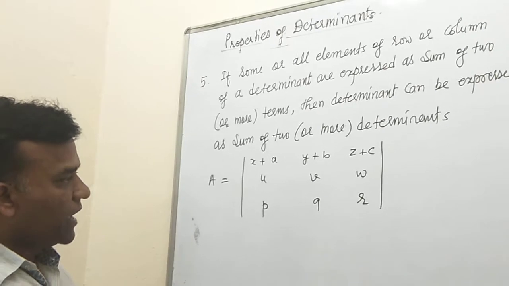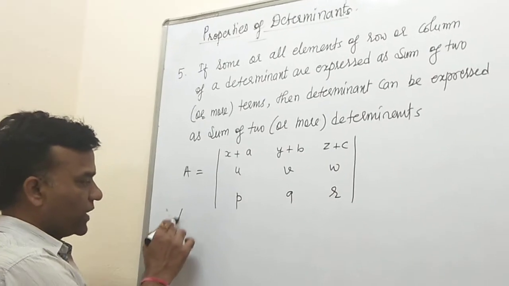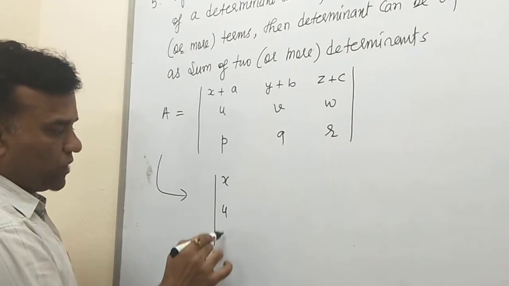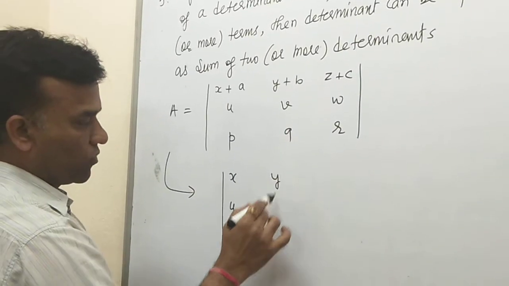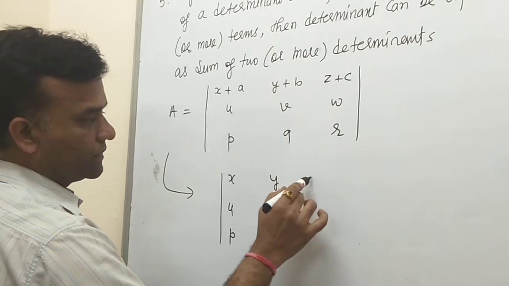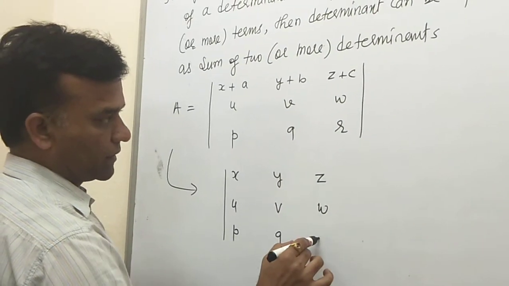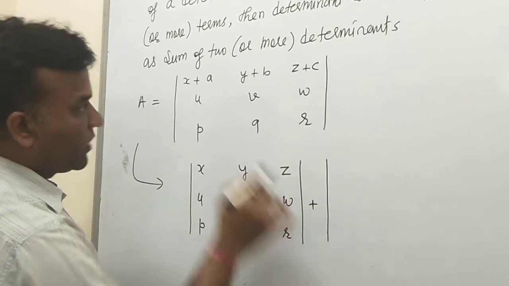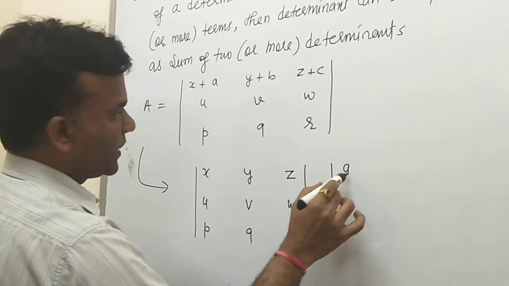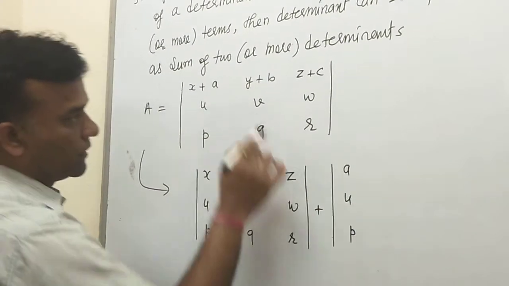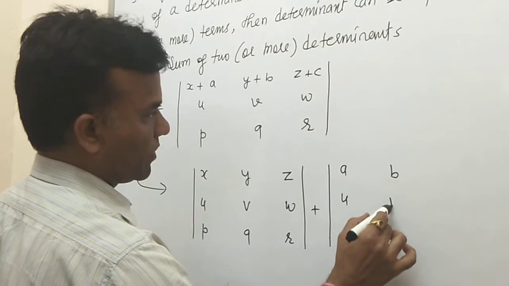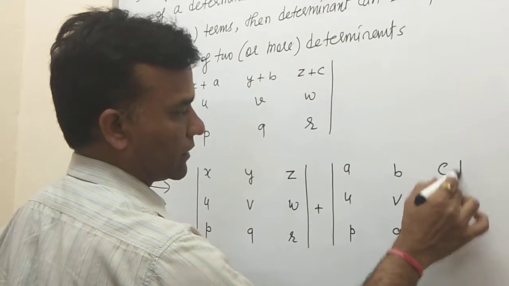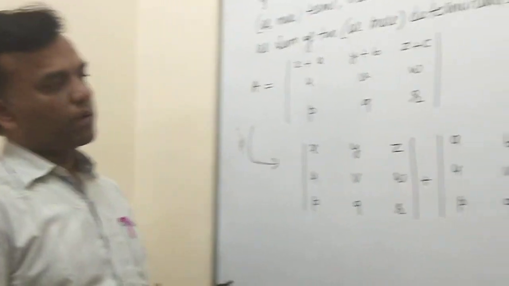Then this determinant you express in the form of: first, x, y, z with u, v, w and p, q, r, and a plus sign, and then you write down the second values: a, b, c with u, v, w and p, q, r. So you convert it into the form of two determinants separately.